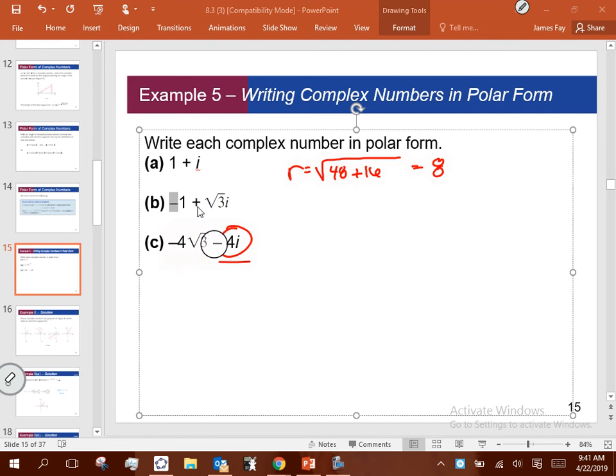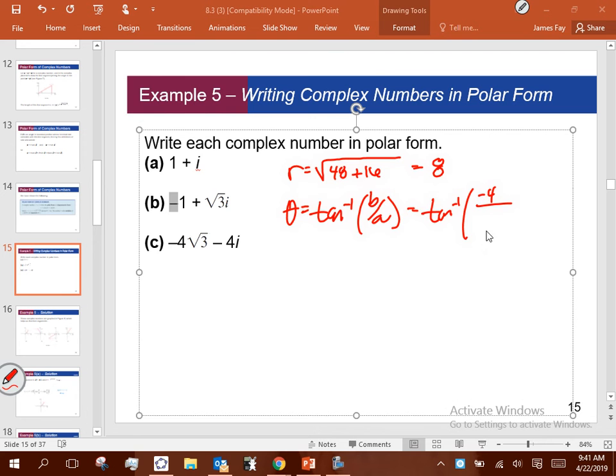Okay. Now, theta is tangent inverse of b over a. So it's going to be tangent inverse. Okay, b is -4 over a, which is -4 root 3. So it gives me tangent inverse. I'm going to write it this way. It's 1 over root 3, right?